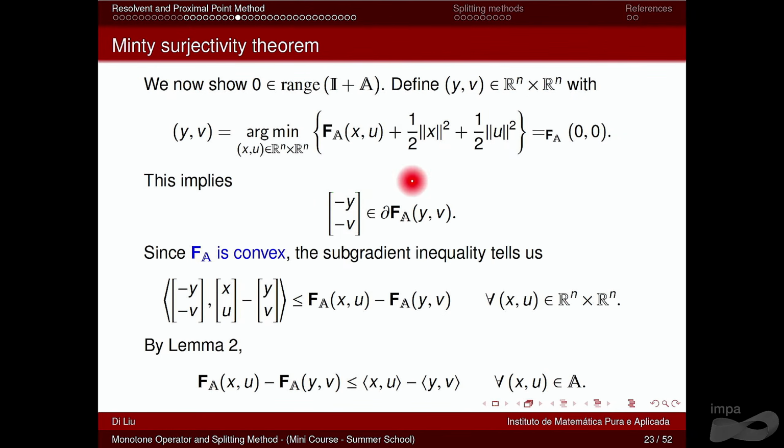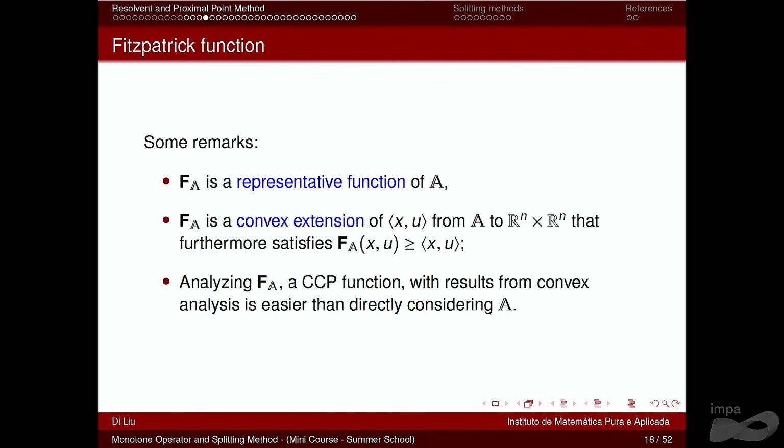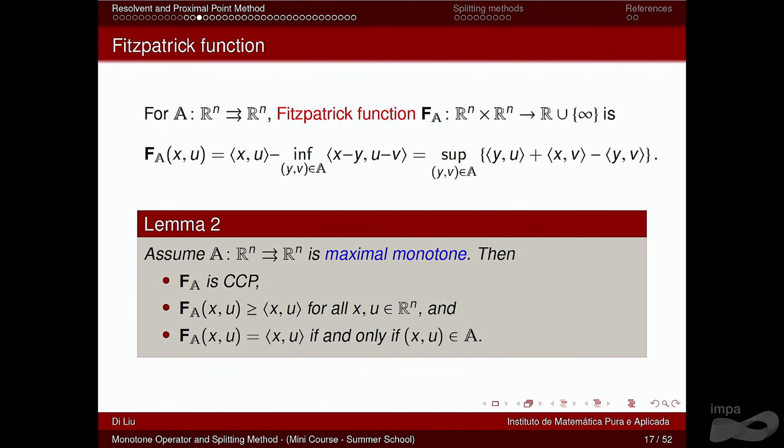So actually, the result about the maximal monotone operator comes from the property of its corresponding representation function. This is another very interesting thing about the Minty theorem: this representation function establishes the relation between maximal monotone operators and convex functions.